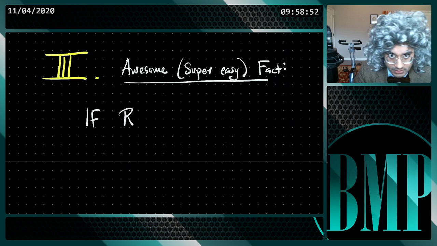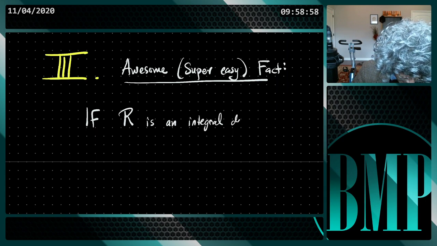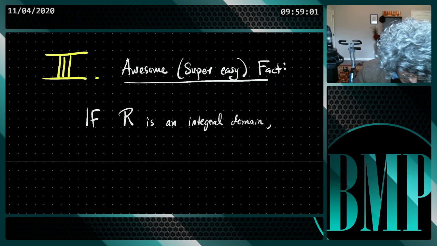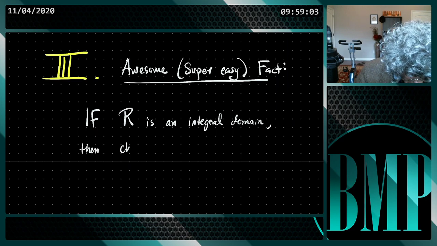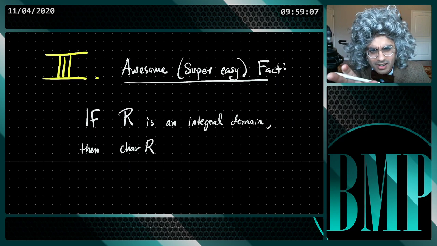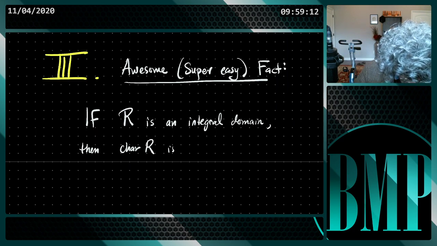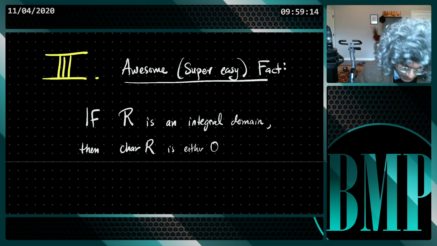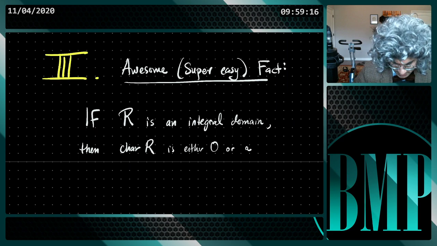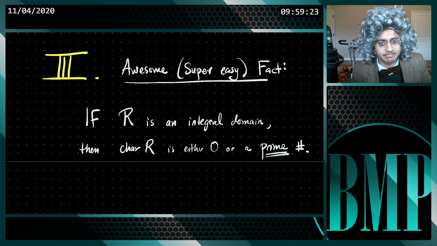If R is an integral domain, then the characteristic of R, we just write char, is either 0 or a prime. There's only 2 options, folks. That's it. 2 options.